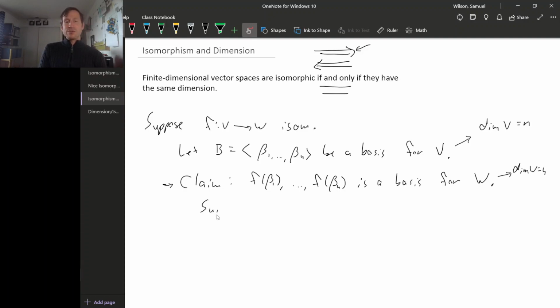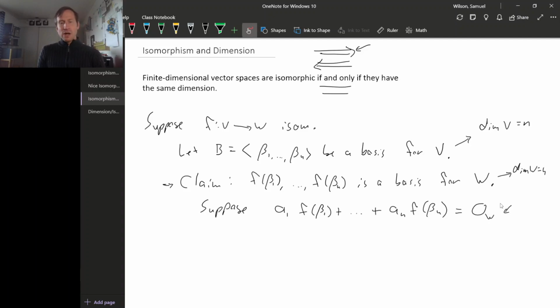So let's suppose that we have a linear dependence relationship among the f beta 1 through f beta n. So suppose we have a linear dependence relationship a1 f beta 1 plus dot dot dot up through a n f beta n, and this is the zero vector in W. I'm going to use this subscript to keep track of which vector space this is the zero vector for.